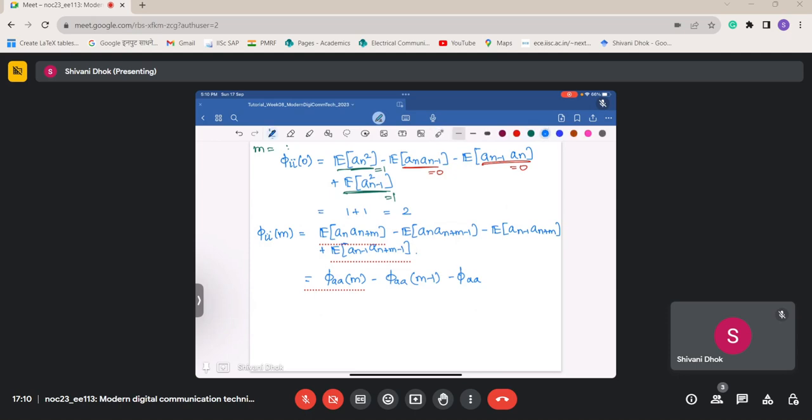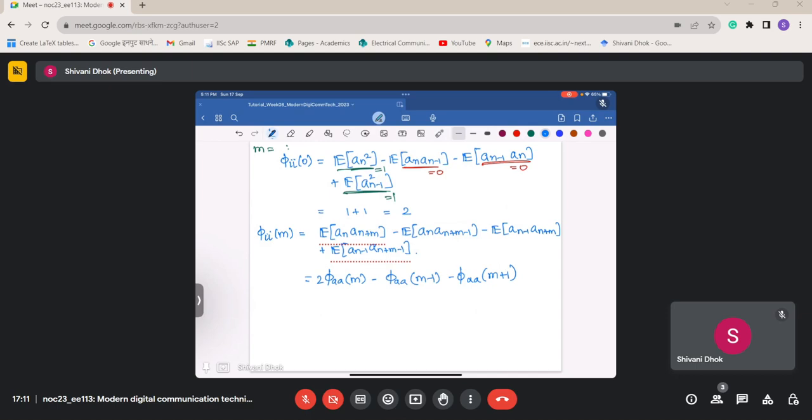So this comes out to be m plus 1, plus phi_aa of the difference between these two quantities, which is basically equal to m. So instead of writing that, I can just have a plus 2 here. I'm sorry, 2 times this.